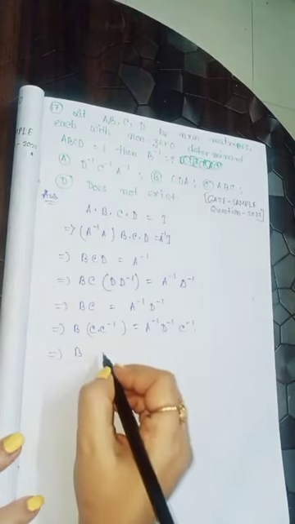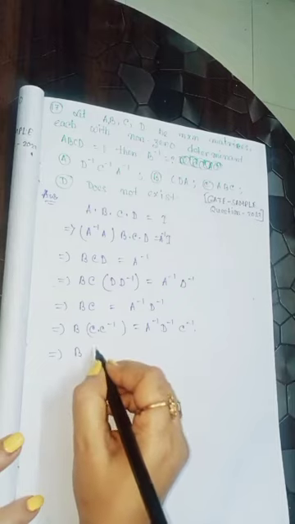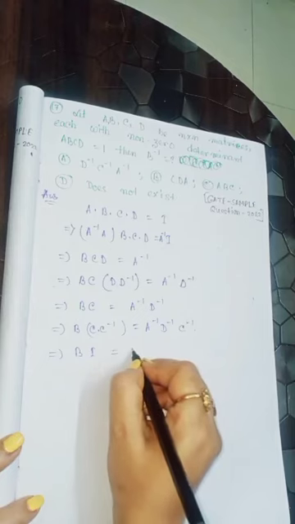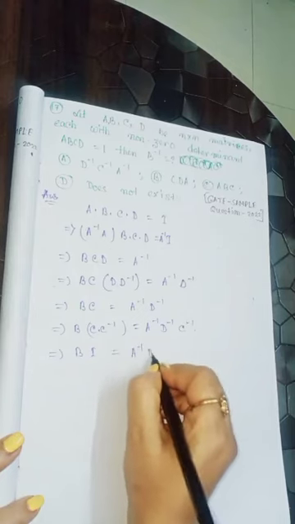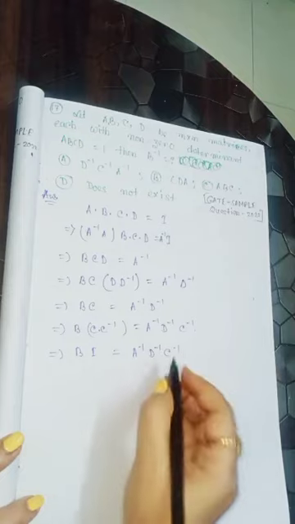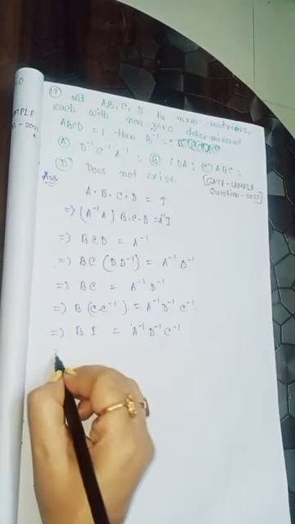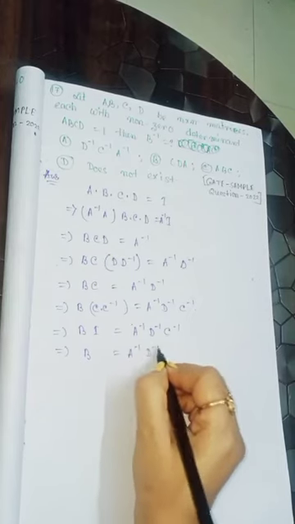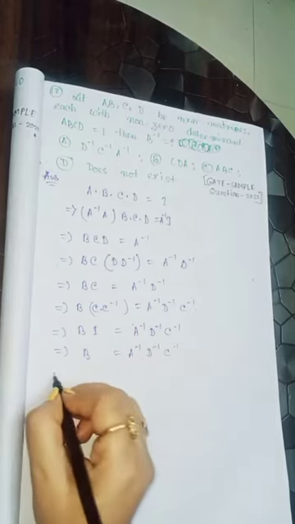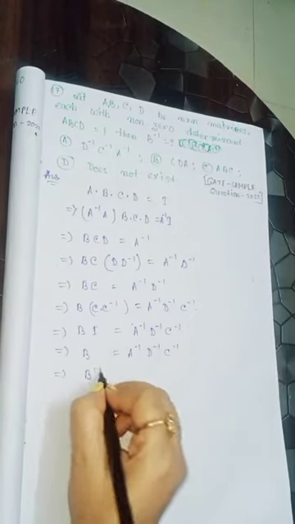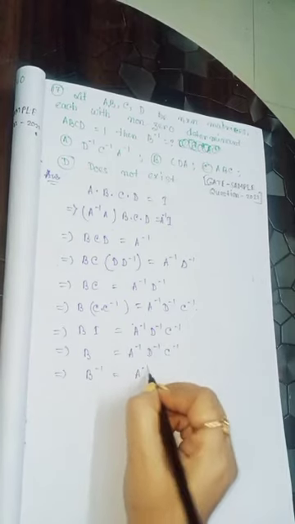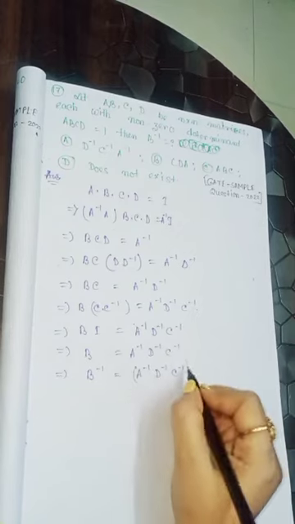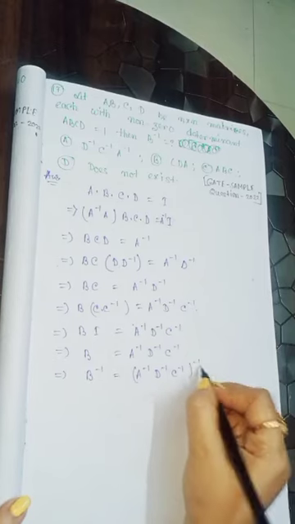B into this one is equal to I. So that is B is equal to A inverse D inverse C inverse. Now making B inverse, so B inverse is equal to what? A inverse D inverse C inverse, whole inverse.